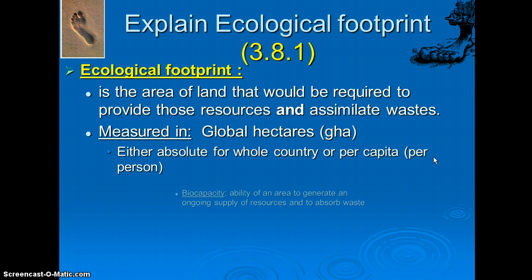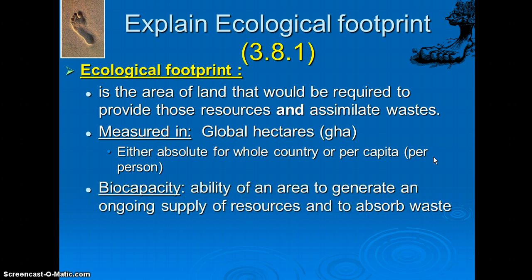So let's keep going. And last but not least, let's relate this to a really important idea of how much the land can provide, because an ecological footprint depends on that land space and how healthy that land space is. So biocapacity is the ability of an area to generate ongoing supply of said resources and said waste, being able to absorb it and deal with it.